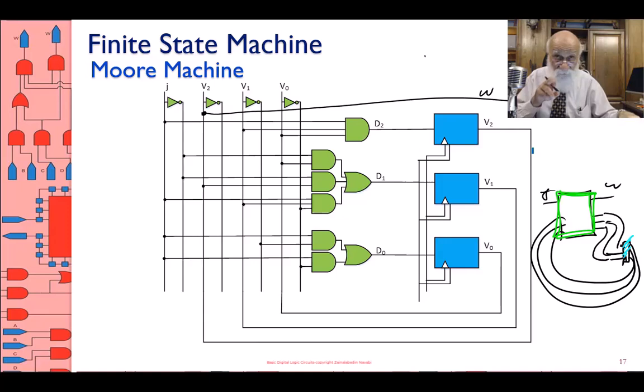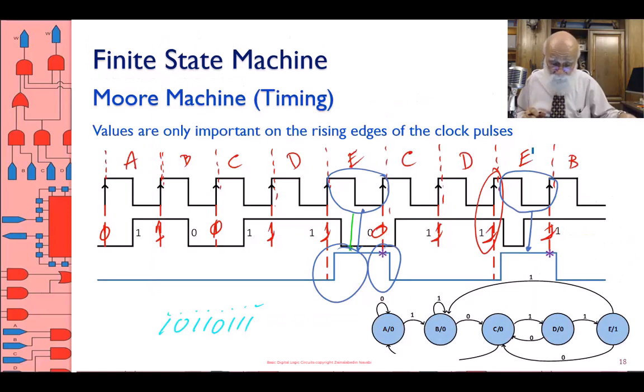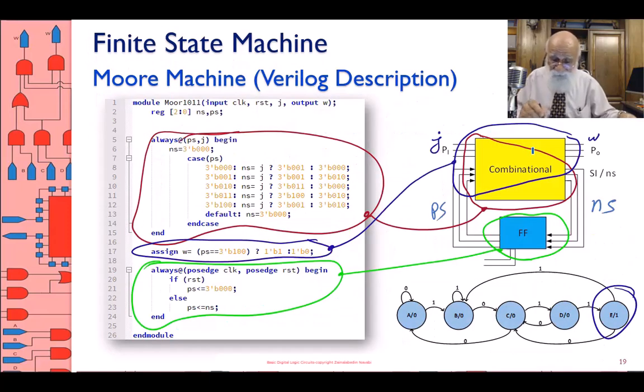The reason is I'm following this model here, that the output is coming from a combinational circuit into which the inputs and the present states contribute. Now, maybe in this particular case, the input is not contributing to the output. In this particular case, only V2 is contributing to the output. Nevertheless, I take it from the input side.